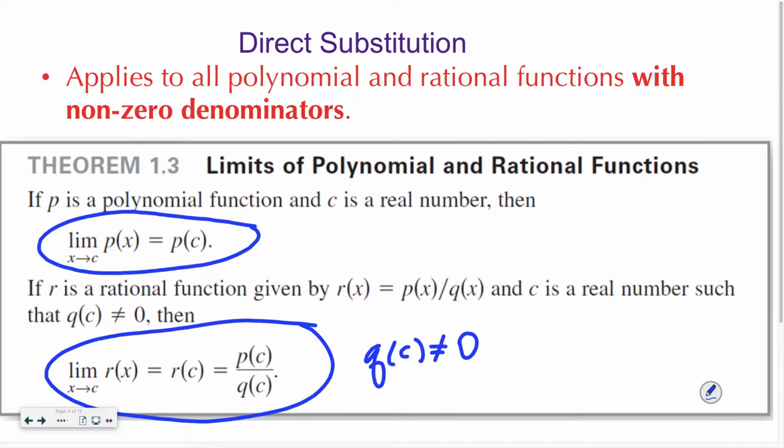So if we're talking about polynomials and rationals where the denominator is not 0, we're talking about functions that don't have a hole there. Now I know that a rational could have a hole, but that would be where the denominator is 0. I know a rational could have an asymptote. That is where the denominator is 0. But everywhere else, they're nice, smooth curves.